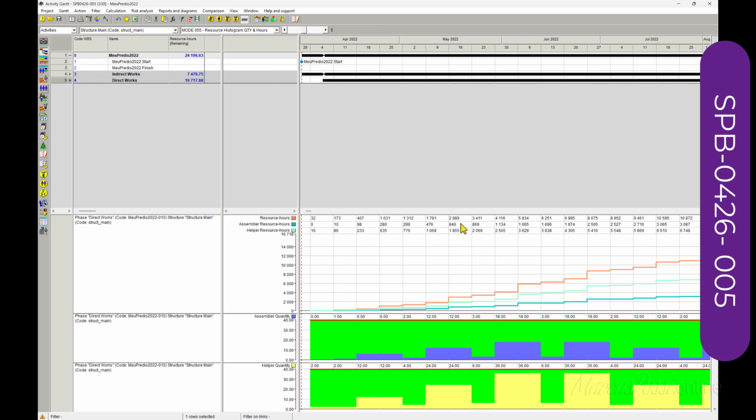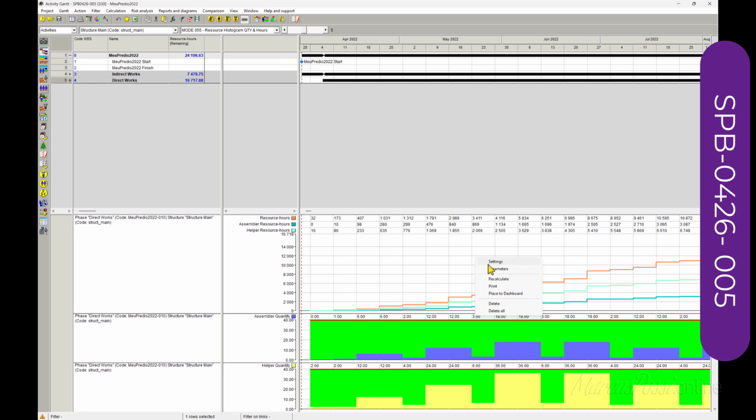Adding these two parcels means 2,600. But of course, there are other resource hours that are not being shown here. But the exercise asks just to show helpers and assemblers, not all of them.